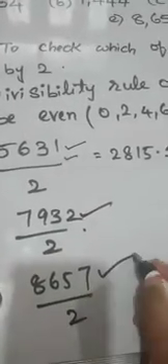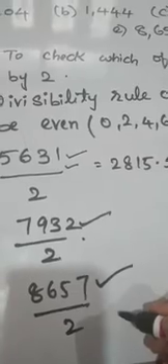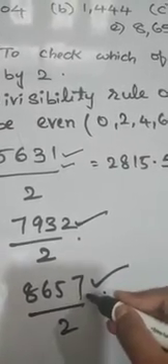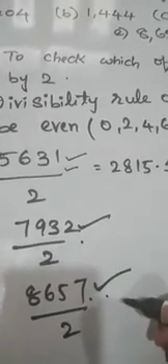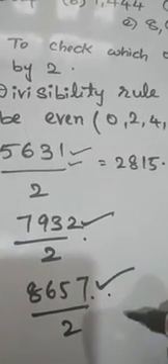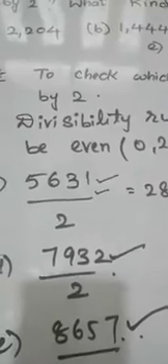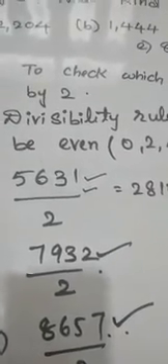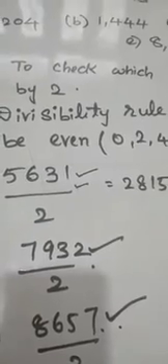Here the last digit is 7. So is it divisible by 2? No, it is not divisible by 2, because the last digit is 7.